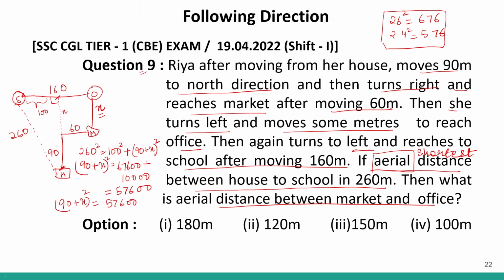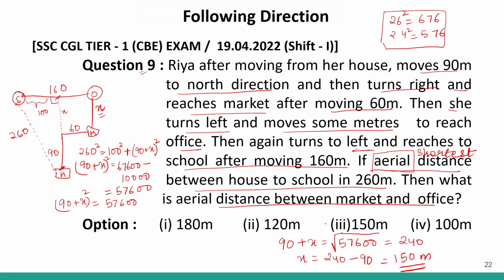Now, if I remove the square, that means 90 plus x will be equal to the under root of 57600. Right? This is 240. So x will be equal to 240 minus 90, which is equal to 150 meter.